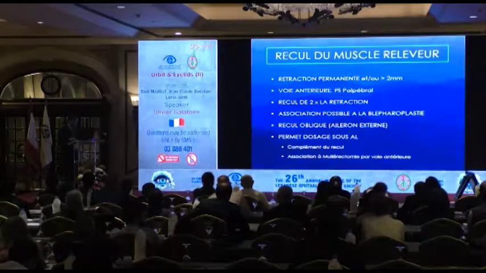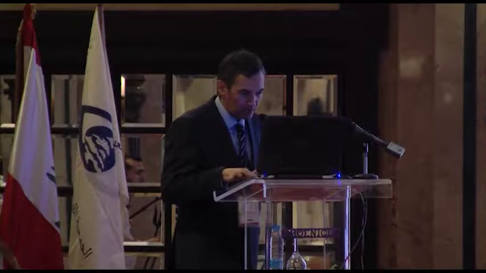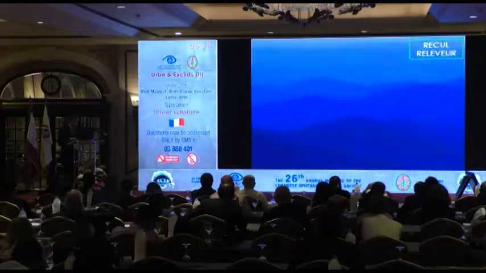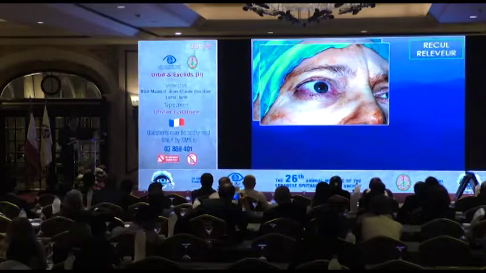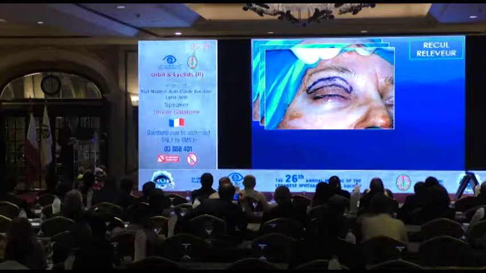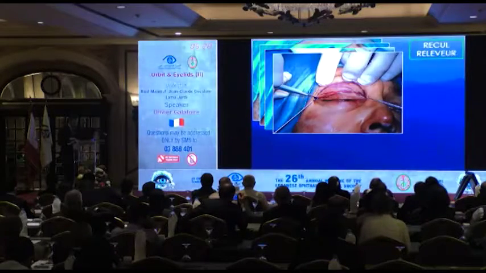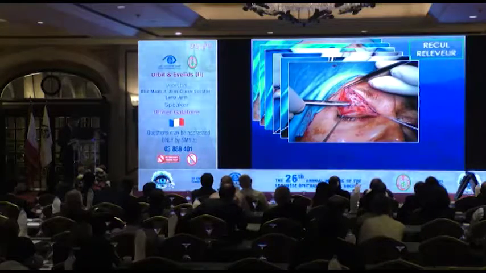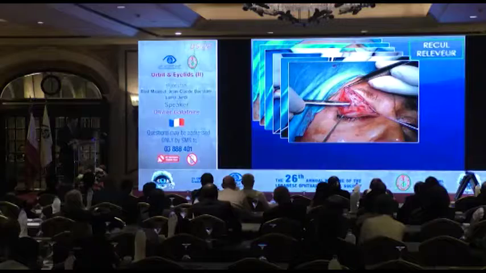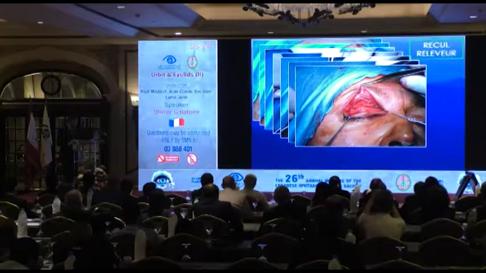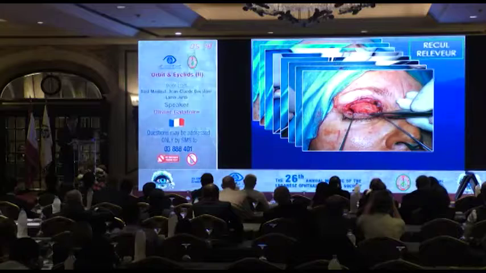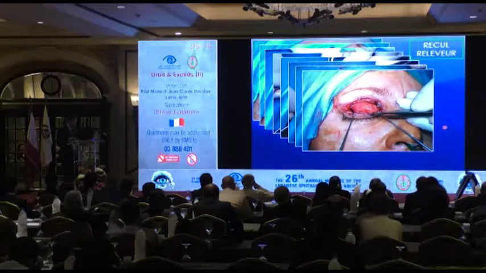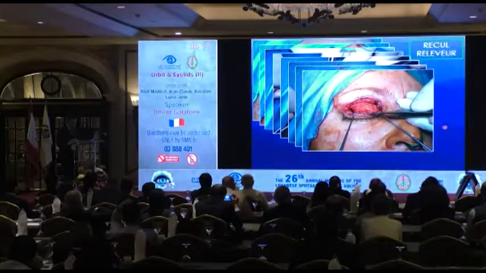This is an abacus. This technique permits dosage during the surgery under local anesthesia. You see this retraction; we can associate upper eyelid blepharoplasty if necessary. We make the incision into the crease, passing the orbicularis muscle plane, opening the septum, and as in levator surgery, you can see the typical aspect of the levator muscle with fibrosis due to Graves' disease.